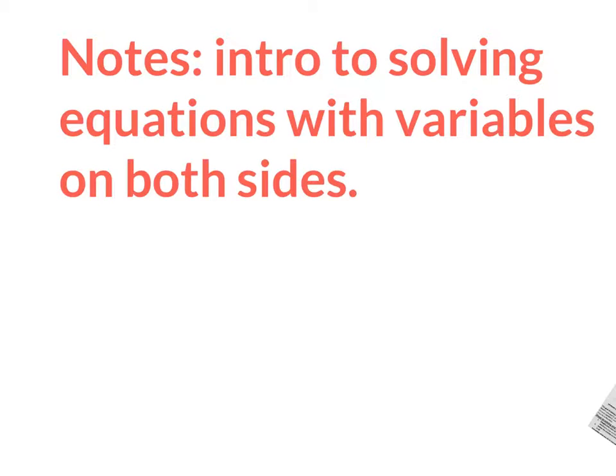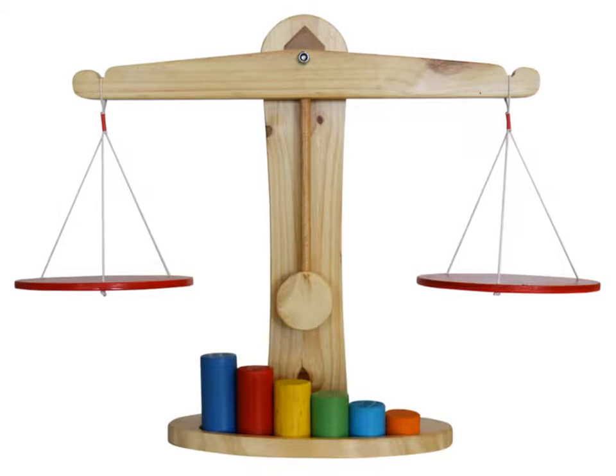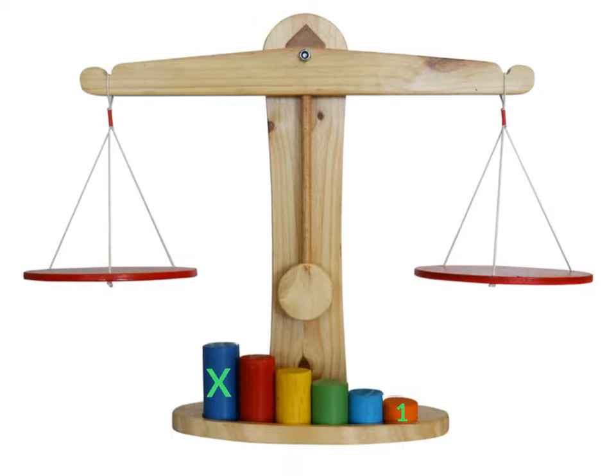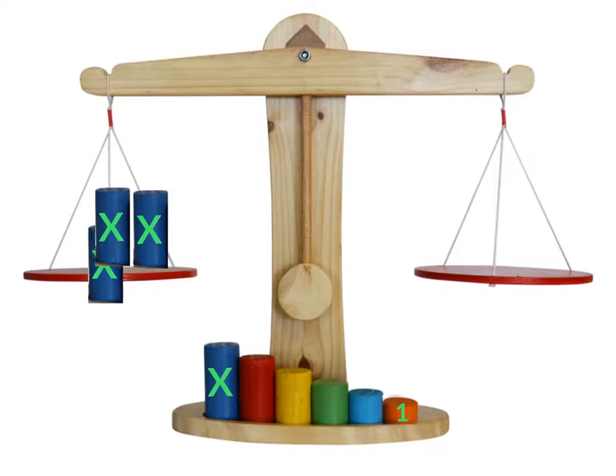Check it out. So we have a little picture here of a toy scale, but it'll do. And we're going to call this red cylinder x. And let's also call these little ones just the value of 1. So let's create an equation here. Let me put 1, 2, 3 x's on this side, which is going to be completely off balance right now.